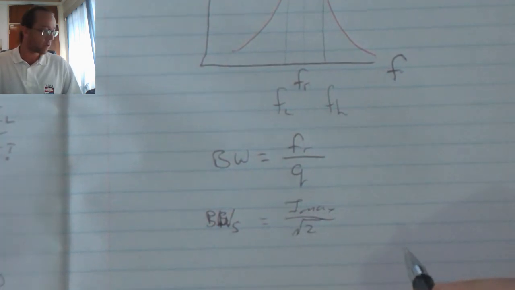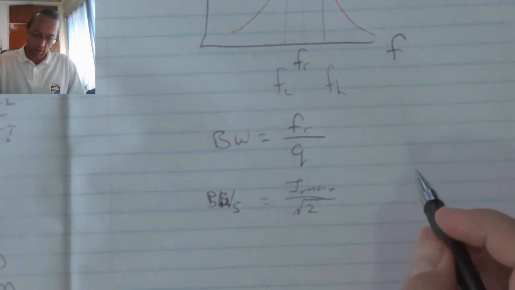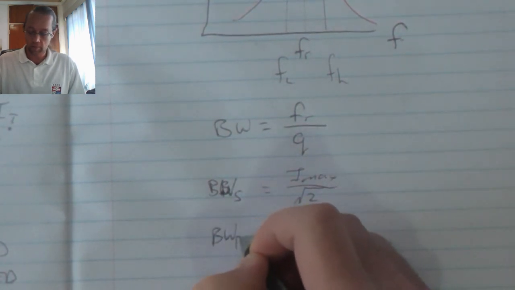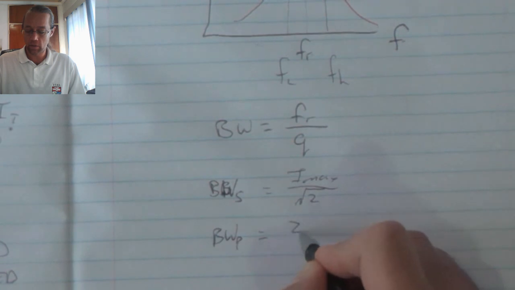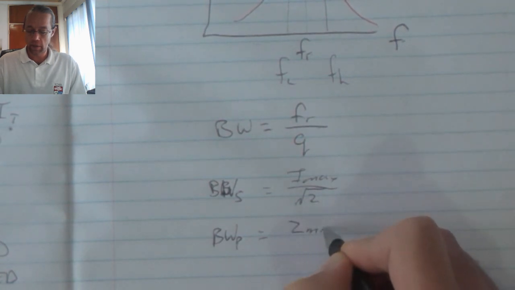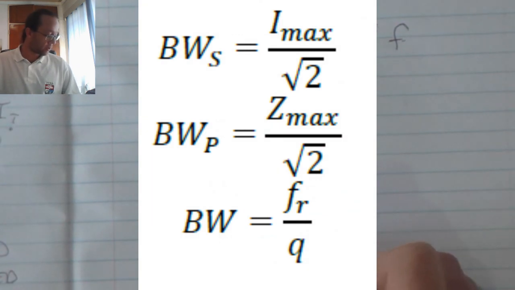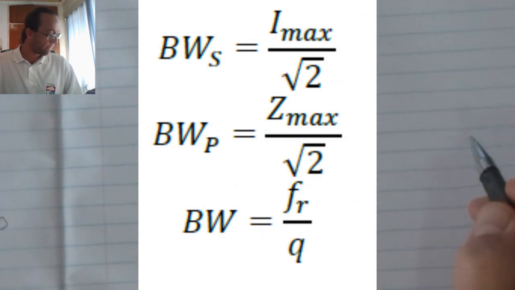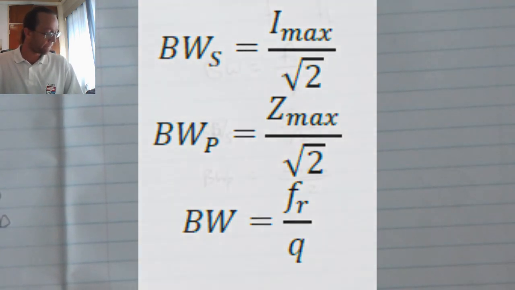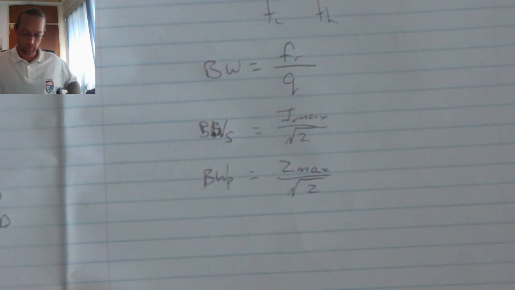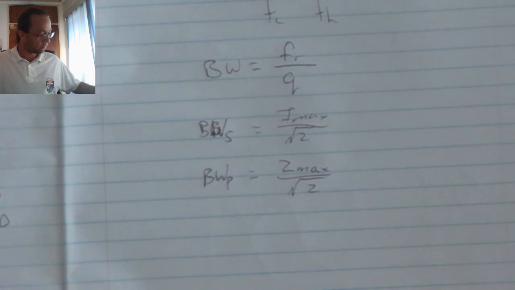And if you calculate that, that's equal to 0,707 if I'm not mistaken. For parallel, we use the same formula except we replace it with maximum impedance divided by the square root of 2, and that is bandwidth.